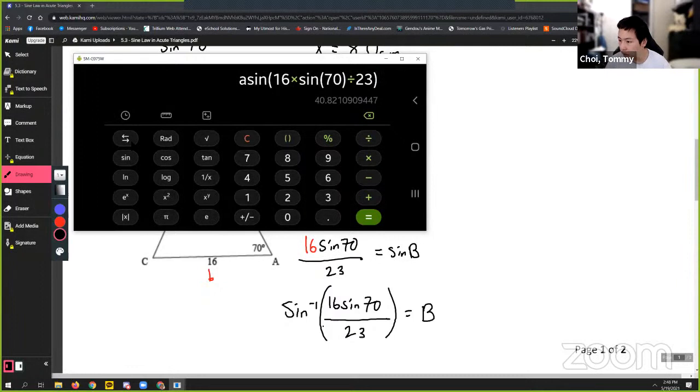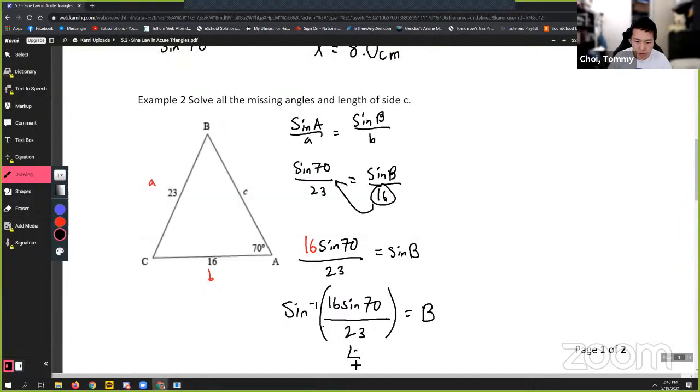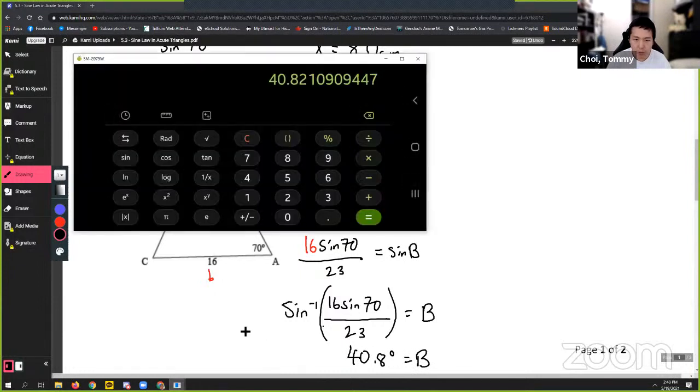I typed it exactly as is: 16 times sine 70 divided by 23, and then close bracket, equals, and I get 40.8 degrees. And that's B.